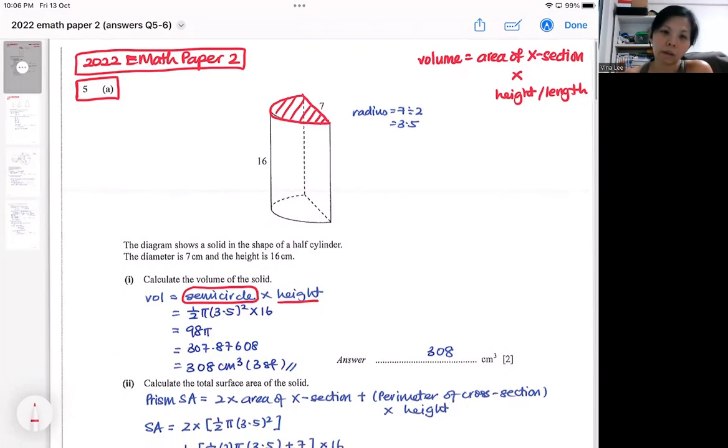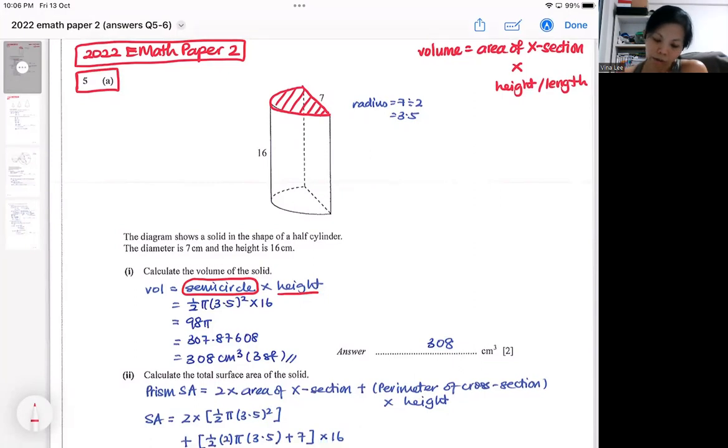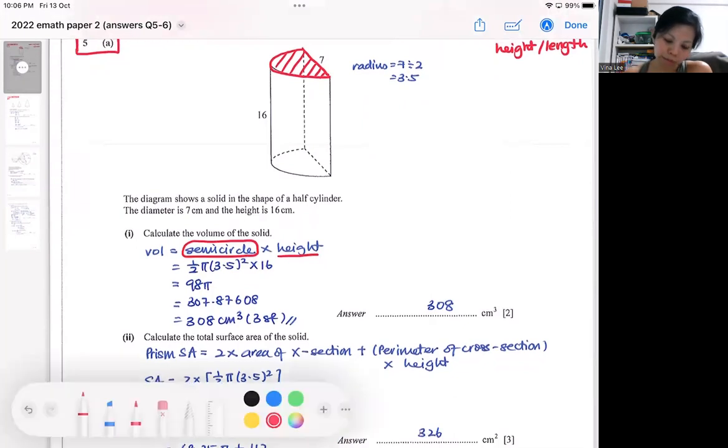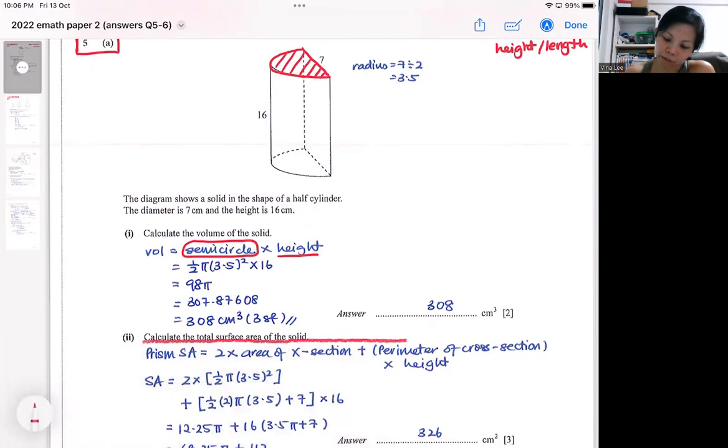It is the surface area that is difficult. I will show you using the prism surface area formula first, and subsequently, if you are not using that, how you will be approaching it. In this case, if I see it as a prism, according to the prism surface area formula, there are two things that are needed.